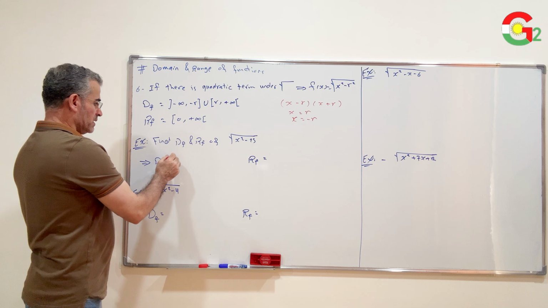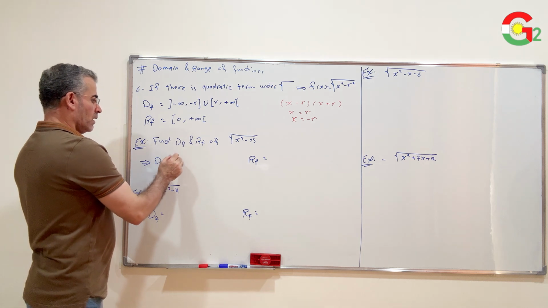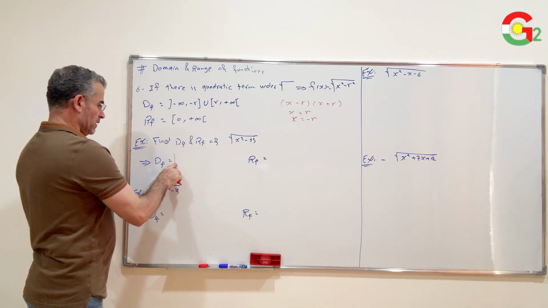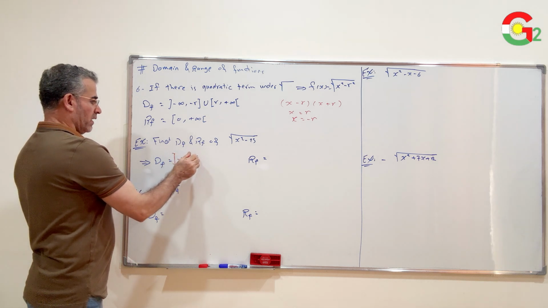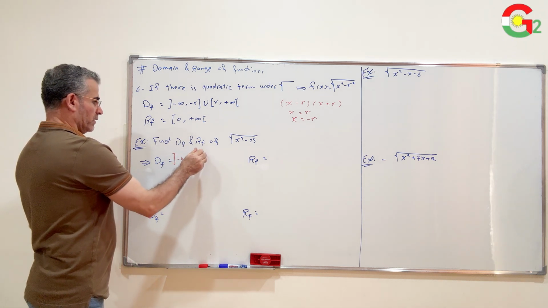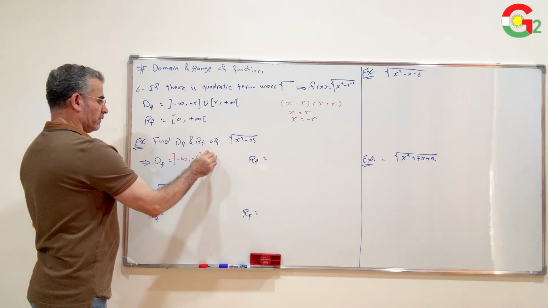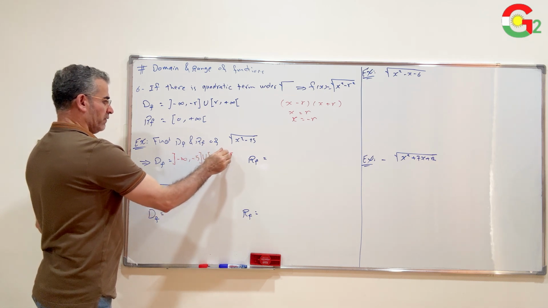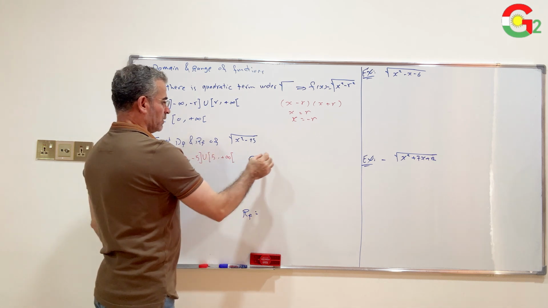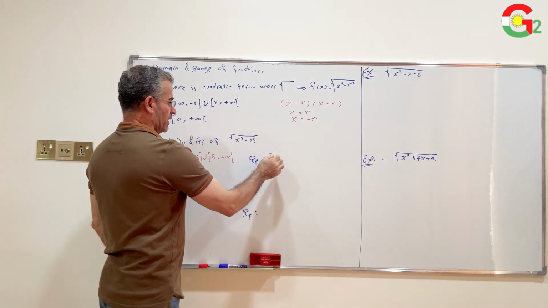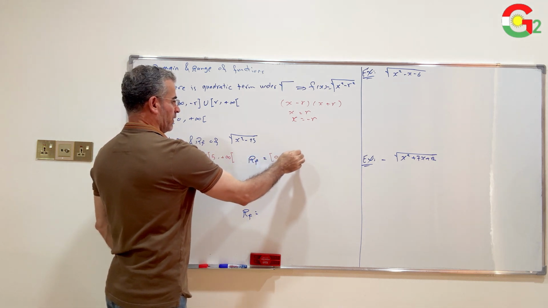Then the domain is negative infinity to negative 5, closed bracket, union 5 to positive infinity. Since the root is preceded by positive, the range is 0 to positive infinity.